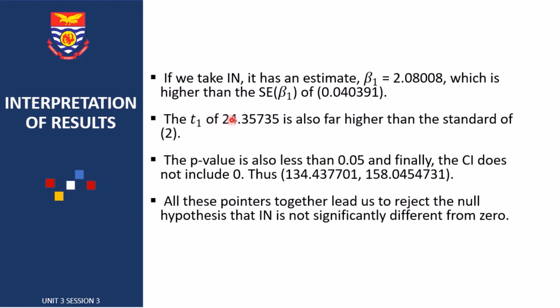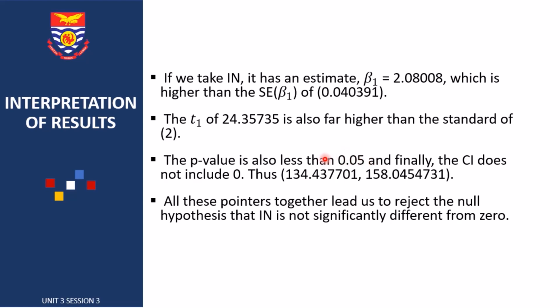The p-value is also less than 0.05, which we earlier said is our 5% significance level, and any value higher than this significance level indicates that the value is not significant. And finally, our confidence interval, which is plus or minus the constant parameter times the t statistic.